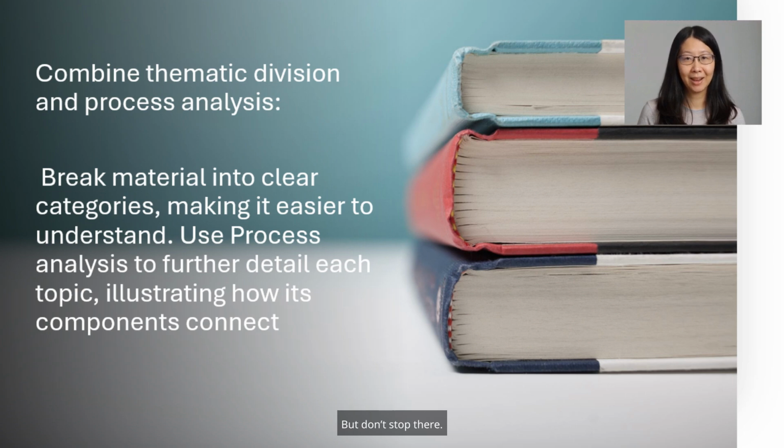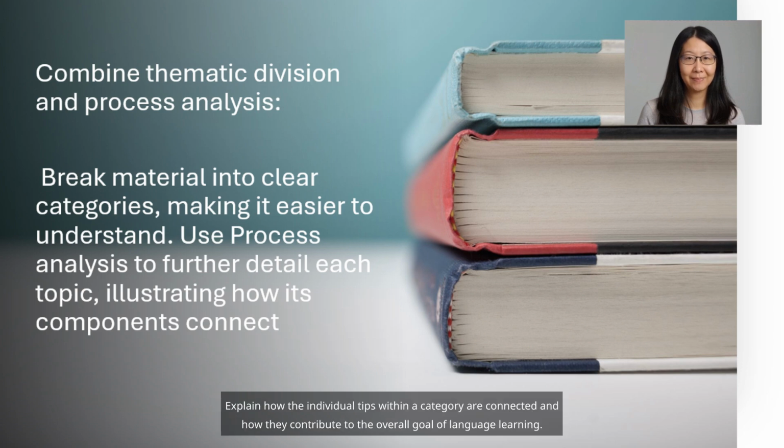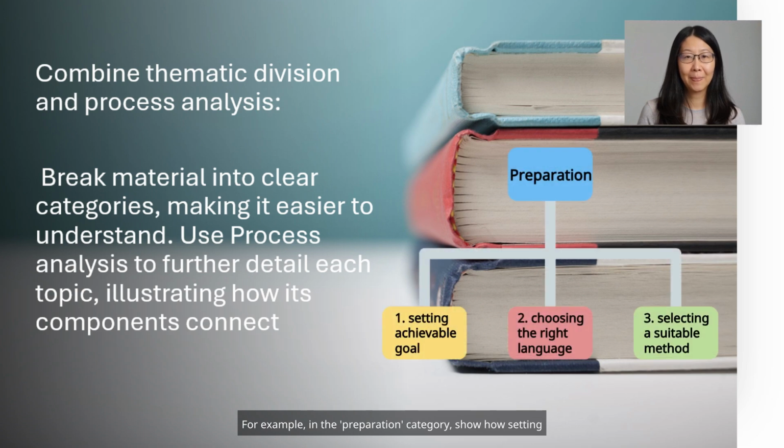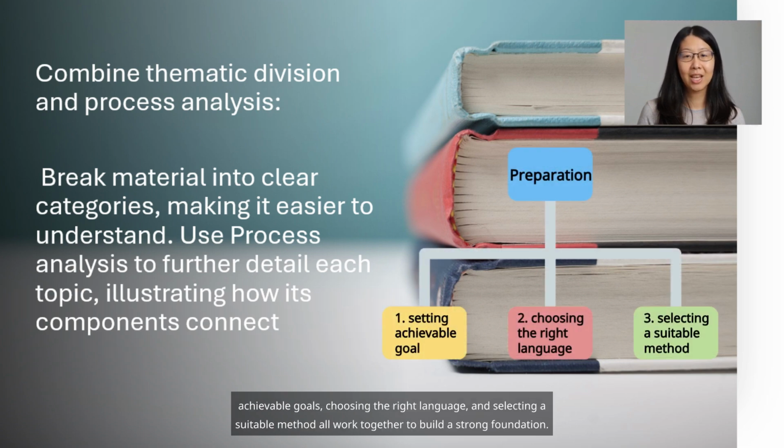But don't stop there. Use process analysis to go deeper into each category. Explain how the individual tips within a category are connected and how they contribute to the overall goal of language learning. For example, in the preparation category, show how setting achievable goals, choosing the right language, and selecting a suitable method all work together to build a strong foundation.